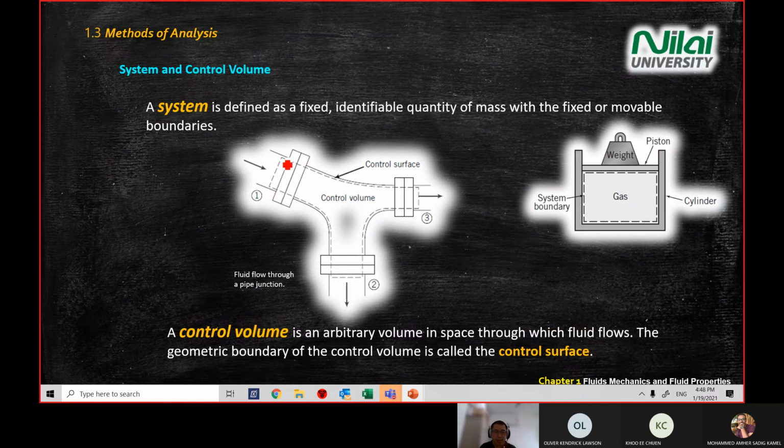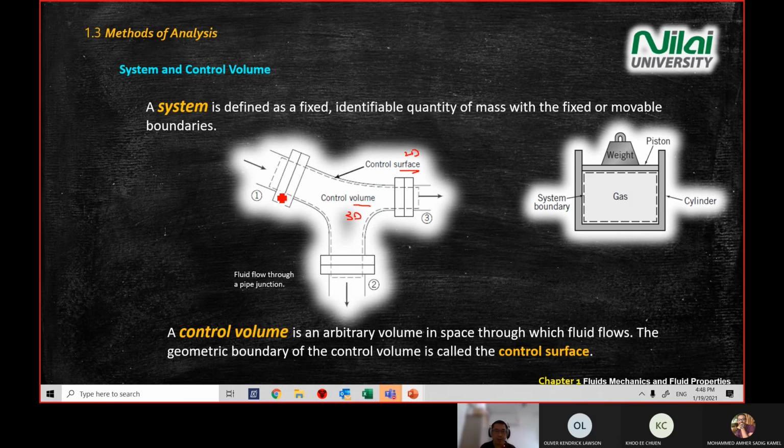And then the control surface is a surface that touches the line here. You know the definition of volume. Surface, you also know, is a 2D dimension. Volume is a 3D dimension. And the word control means you have something to focus on.